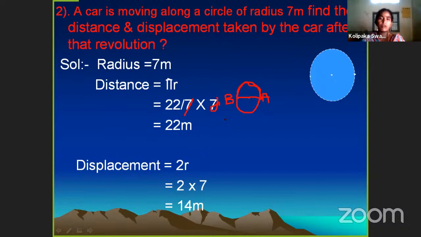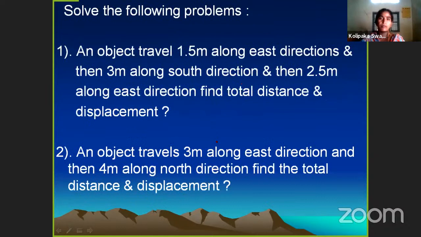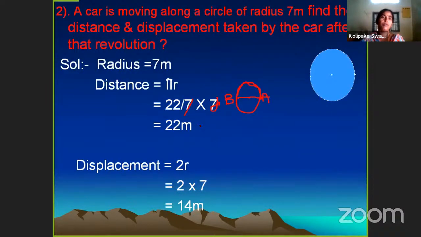Displacement is equal to 2r. 2 into 7 is 14 meters. Children, I hope all of you understood this topic about displacement and distance and the problems.